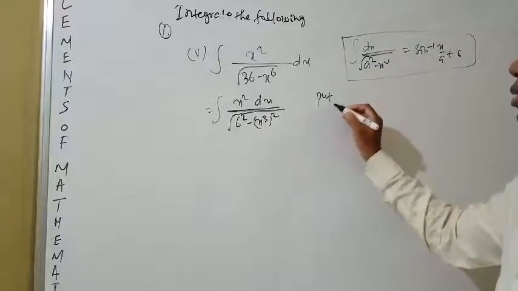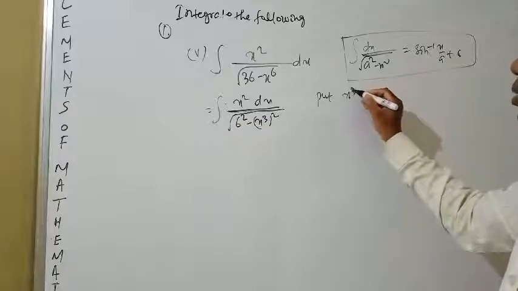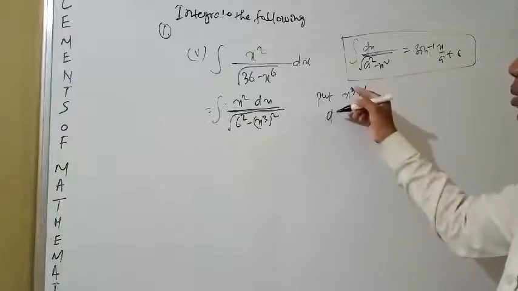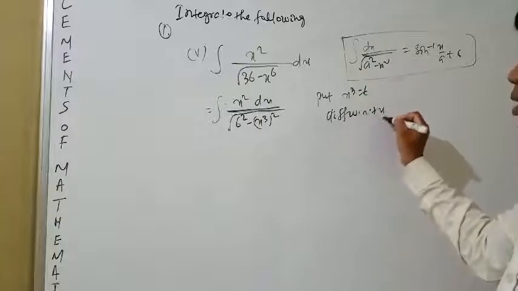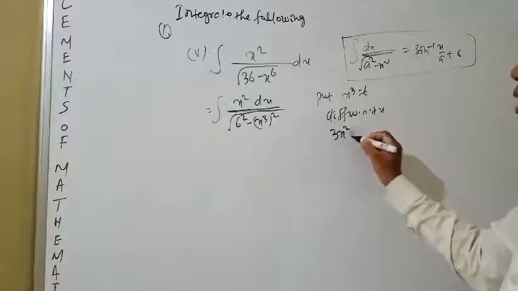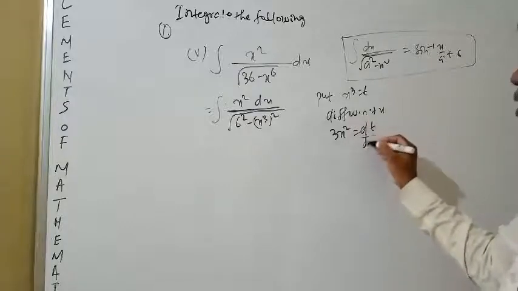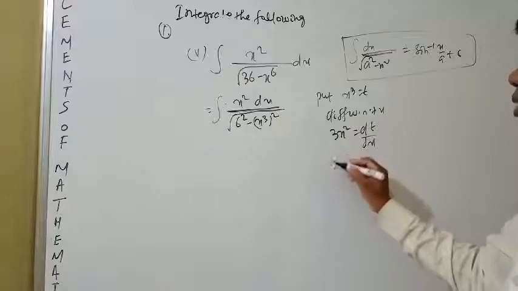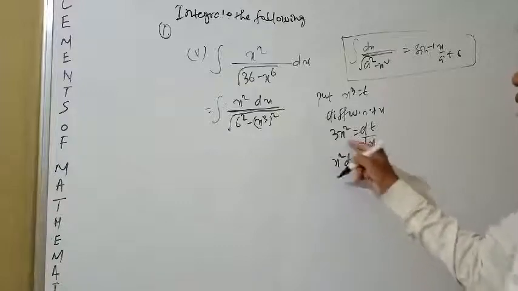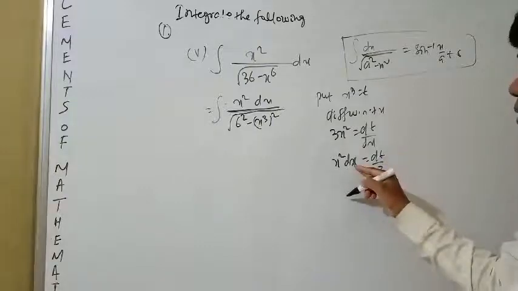Now you put x cube is equal to t. Differentiate with respect to x: 3x square is equal to dt by dx. So 3x square dx is equal to dt, that is, x square dx is equal to dt by 3.